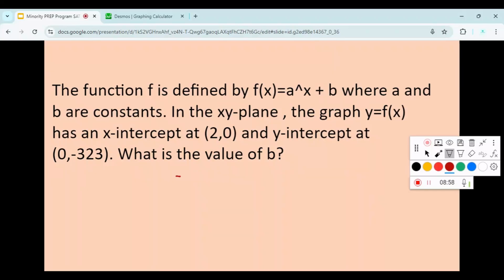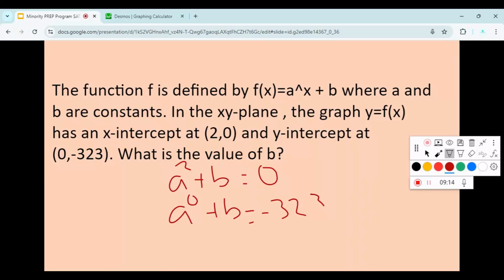So in this case, they said that when x is 2, this should equal 0. And they also said that when x is 0, this should equal this, right? So we already know that anything raised to the power of 0 should always give you 1.